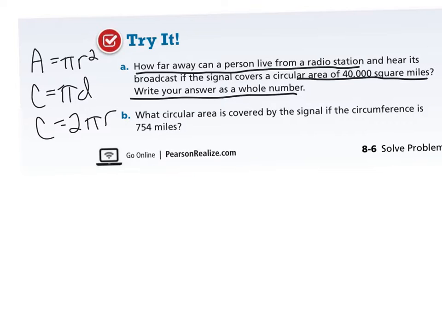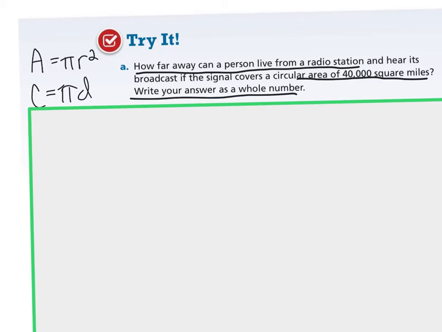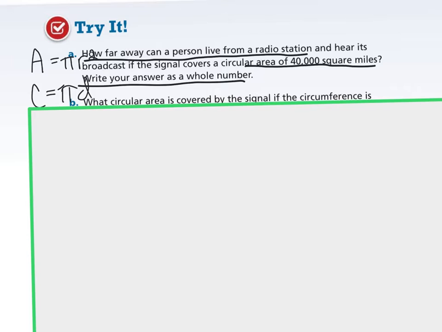Okay, so if we think about what's happening here, we'll be looking at how far they live away from the radio station.